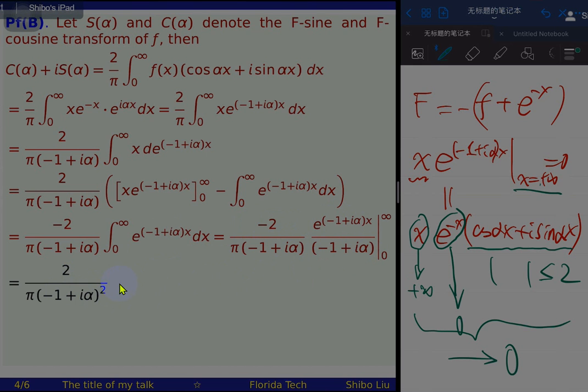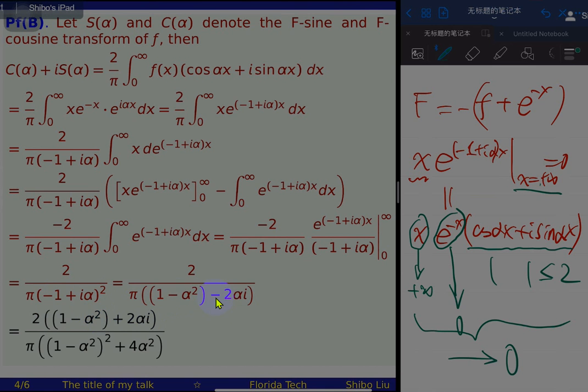Now you simplify this complex value. You expand the square downstairs to get this. Then you multiply both sides by the complex conjugate of this number, that is 1 minus alpha square plus 2 alpha i, downstairs and upstairs.